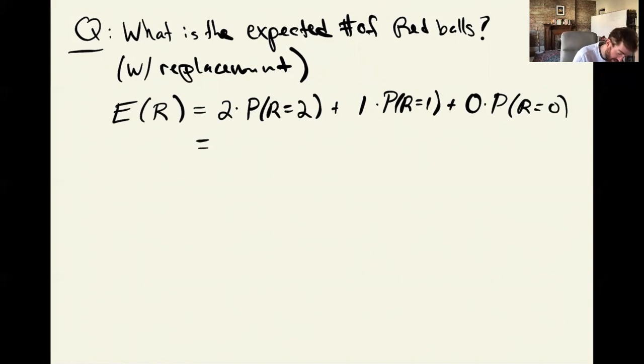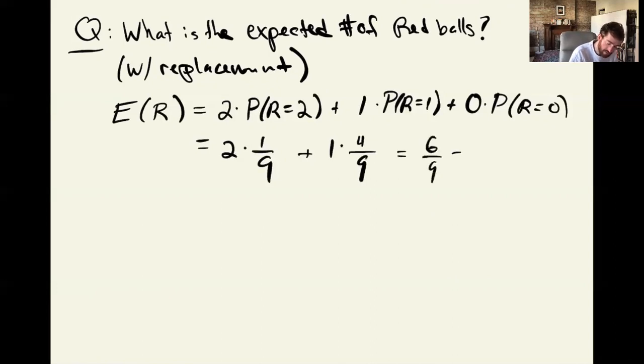But in this case, we have 2 times the probability of red equaling 2, which is a ninth. And then similarly over here, we had 4 ninths. So we add these things up, we get 6 ninths, which is 2/3.